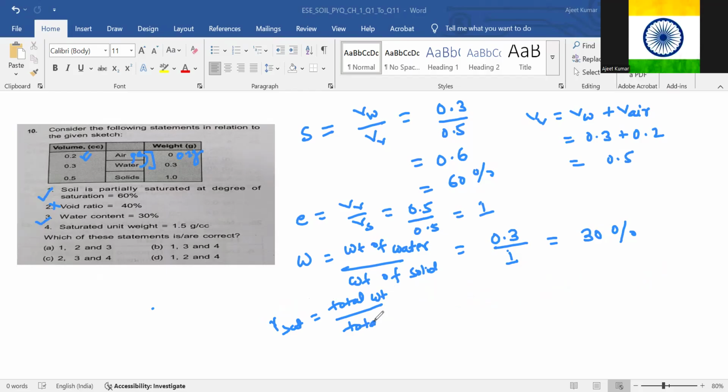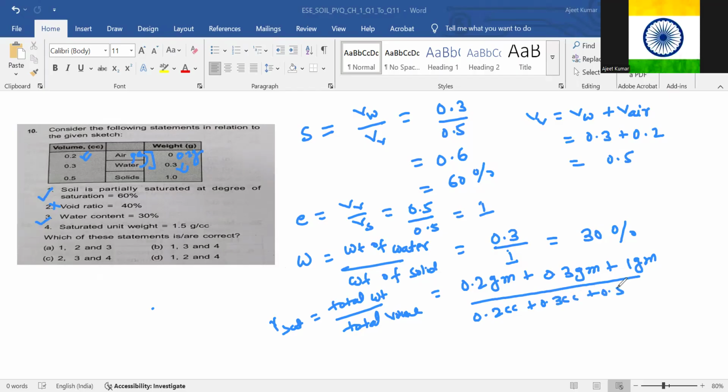In the space of air, if water is filled, the weight of water of 0.2 cc will be 0.2 gram, plus this 0.3 gram, and weight of solid is 1 gram, divided by total volume, 0.2 cc plus 0.3 cc plus 0.5 cc.